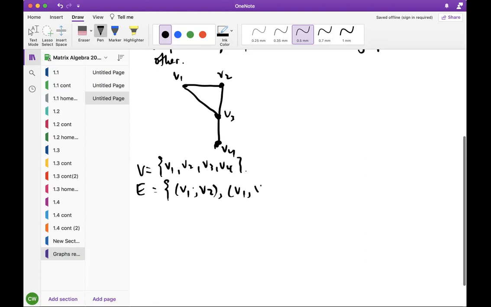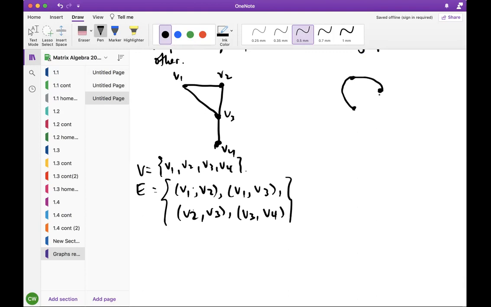V1 is connected to V3. V2 is connected to V3. And V3 is connected to V4. So that's the edge set. And I'm going to draw a different graph. Let's do this graph.